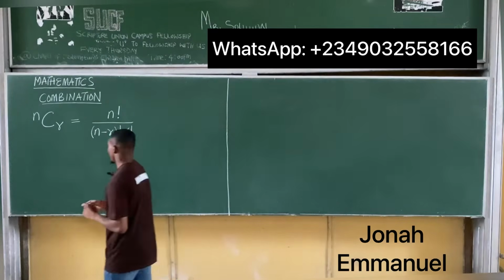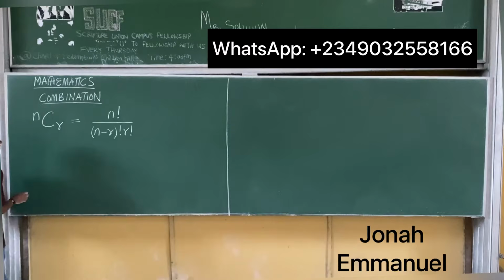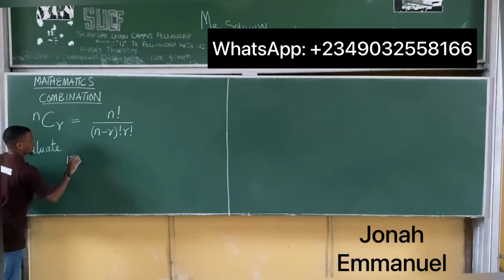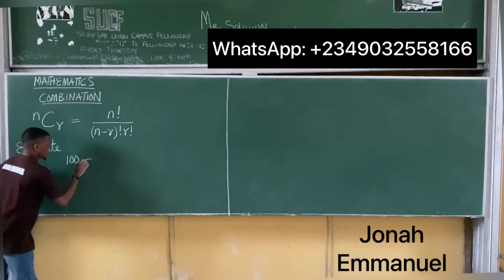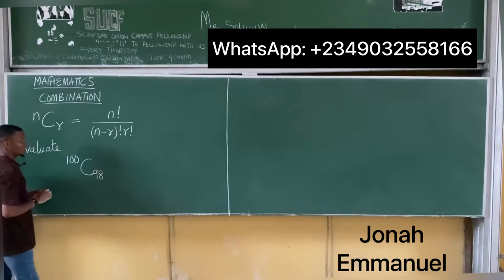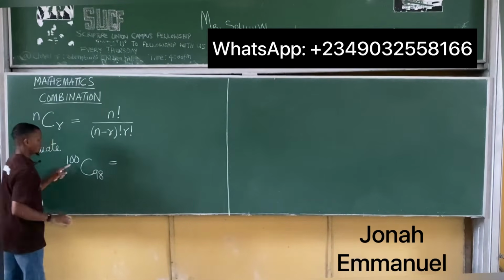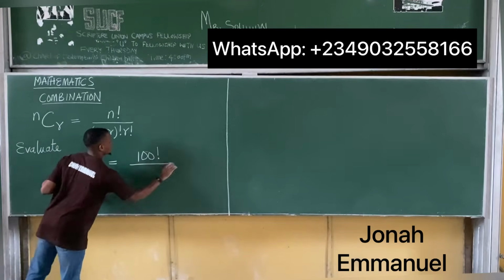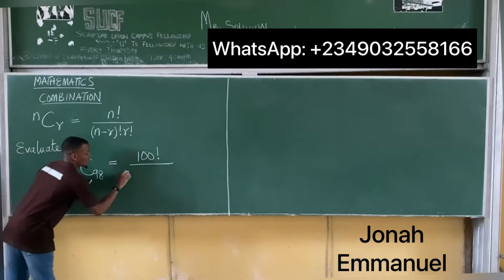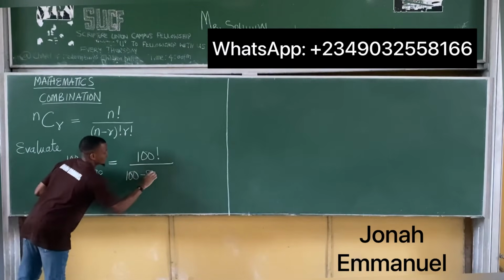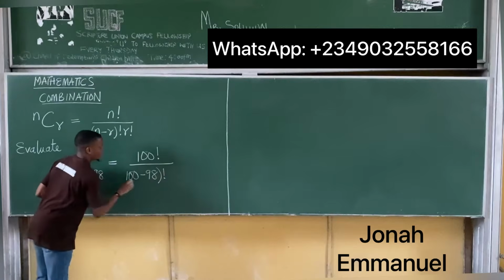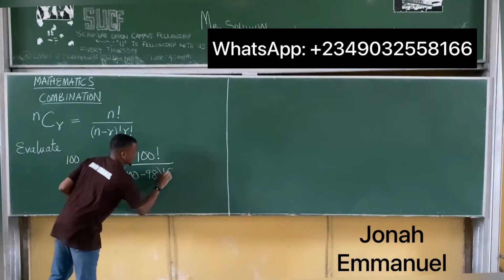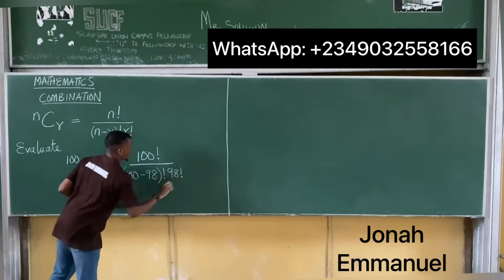For instance, if I have this, evaluate, let's say, 100 combination 98, this will be equal to 100 factorial all over 100 minus 98 factorial, and then 98 factorial.